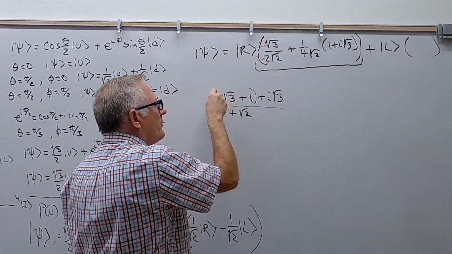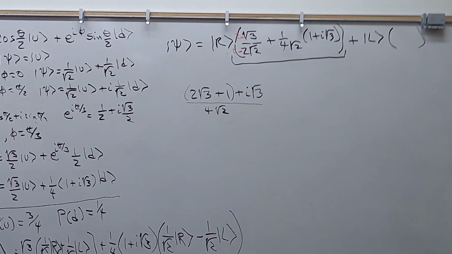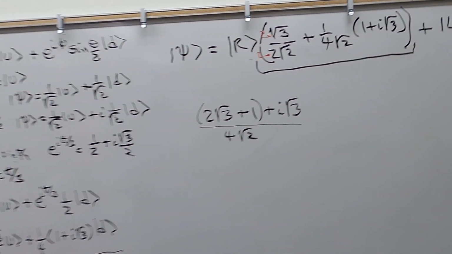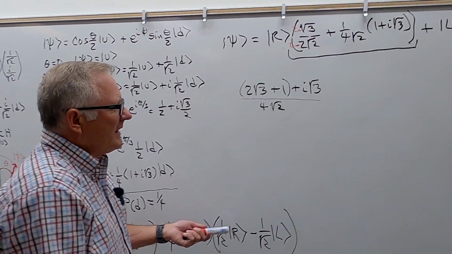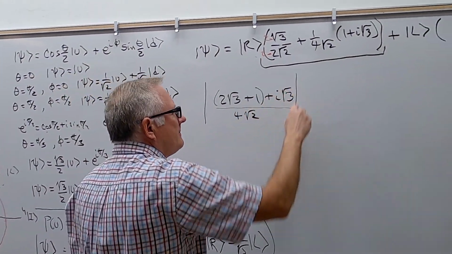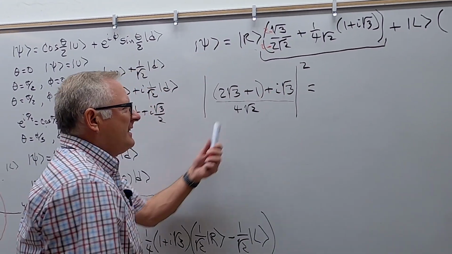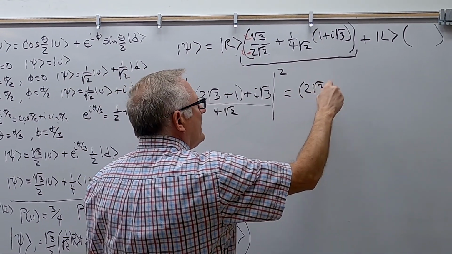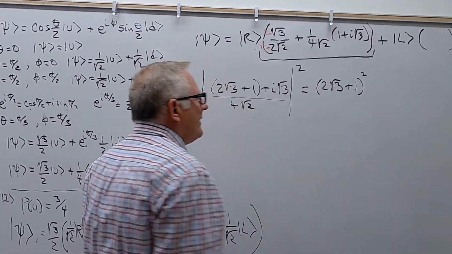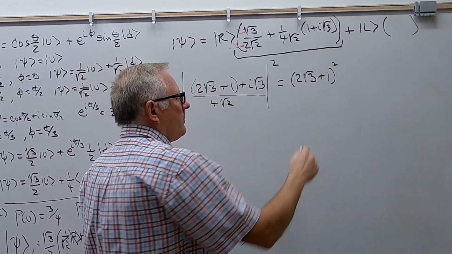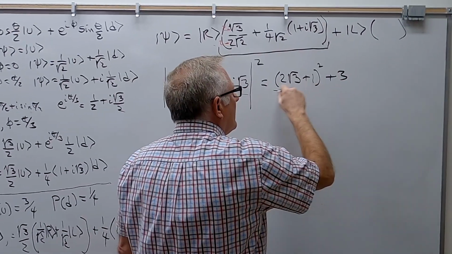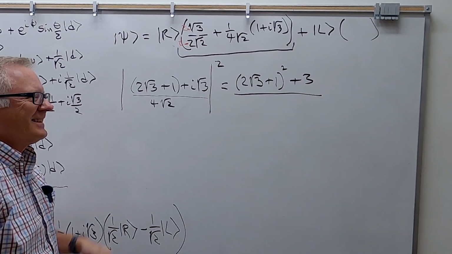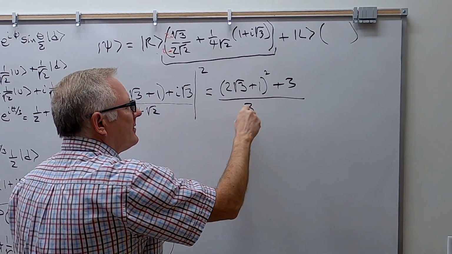Let me put the parentheses like that. Okay, and all I have to do is find the magnitude of it, so multiply it by its complex conjugate. If I multiply this by its complex conjugate, it's this term squared, 2 square root of 3 plus 1 squared, plus the last term squared, plus 3, all over this squared, which is 2 times 16, 32.